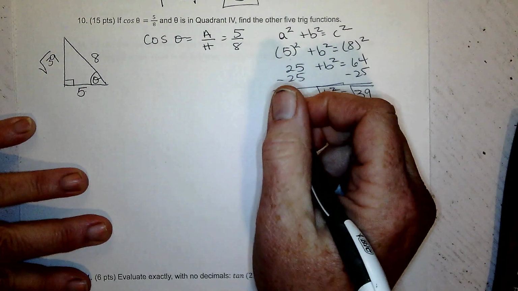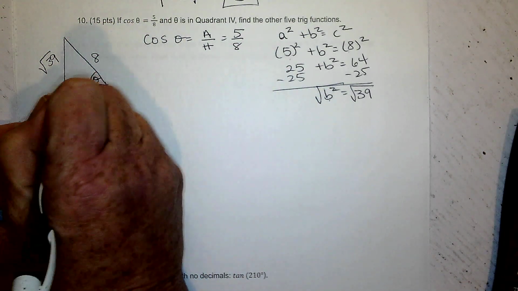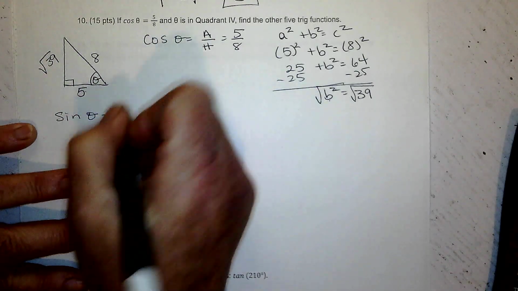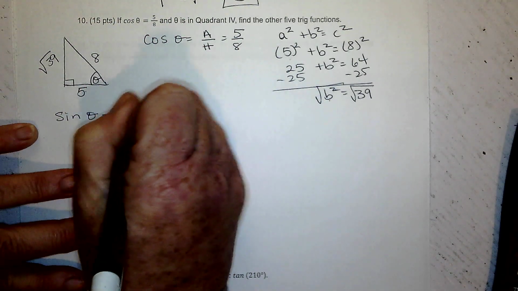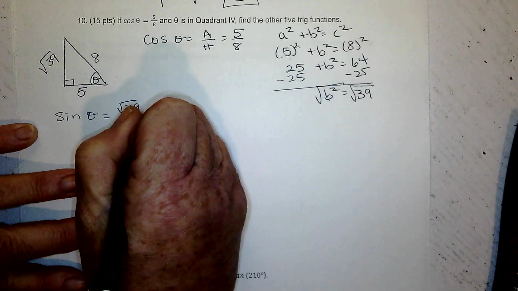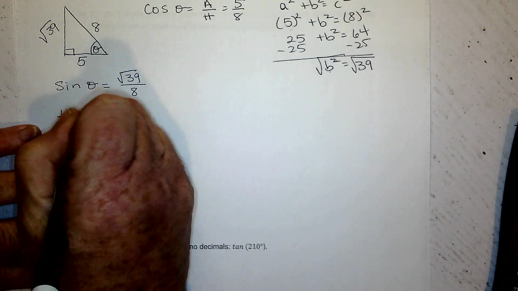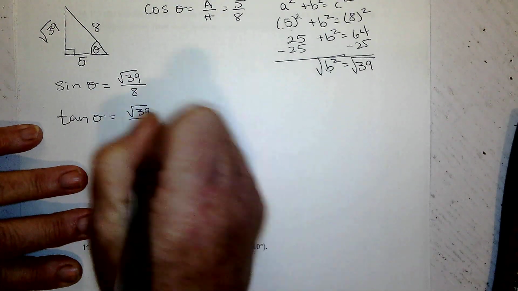All right, so let's find the other 5 trig functions. So sine of theta, because we don't know what theta is, the opposite over hypotenuse. My opposite is square root of 39. My hypotenuse is 8. Let's find our tangent. It's the opposite over adjacent.